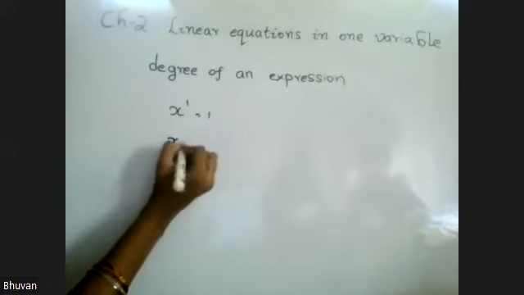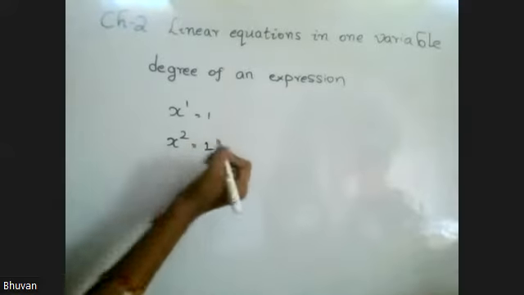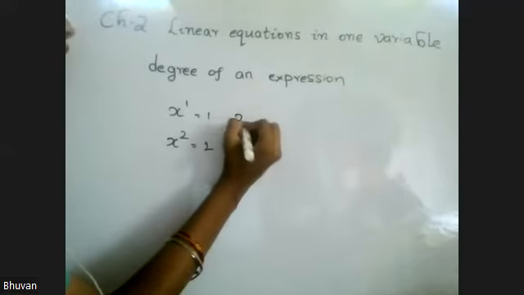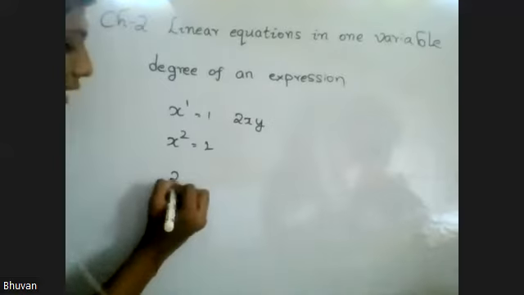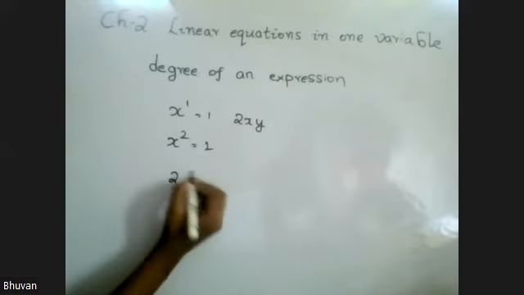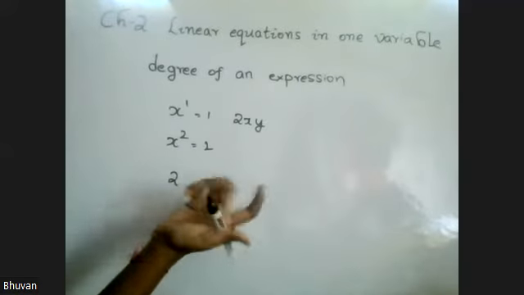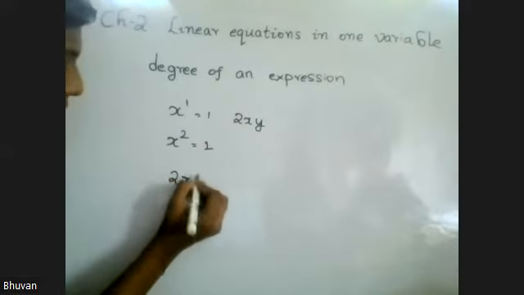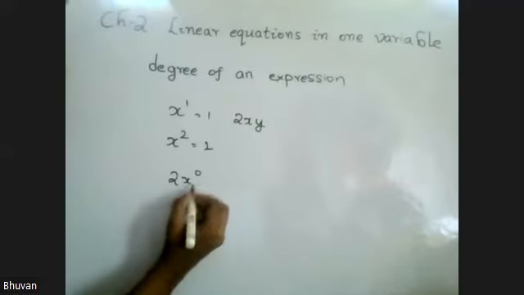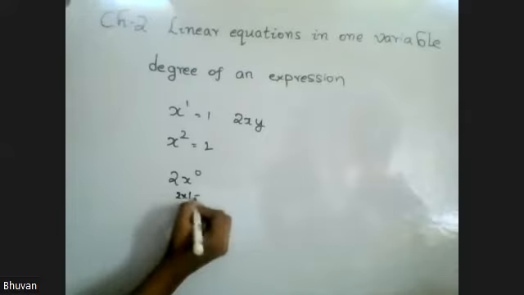If they give x squared, the power is 2. Take 2xy. What is the constant? What is the power of 2? Nothing, we should not consider it. We can write 2 as 2 into x power 0. What is x power 0? It is 1. So 2 into 1 will give 2.